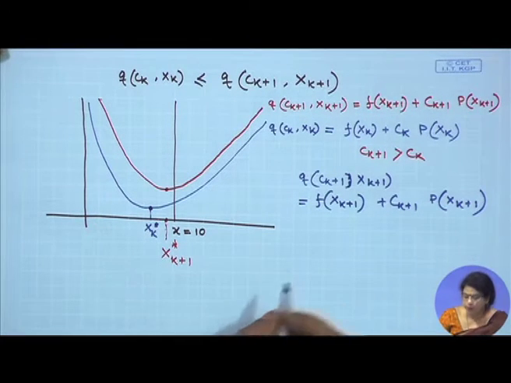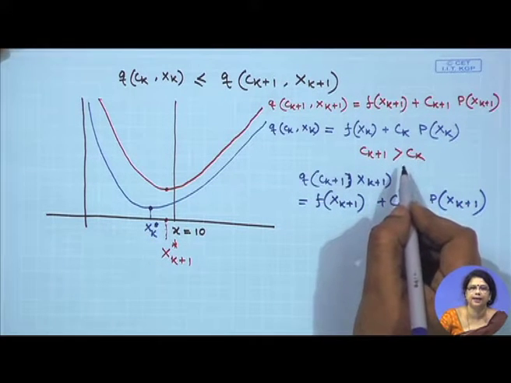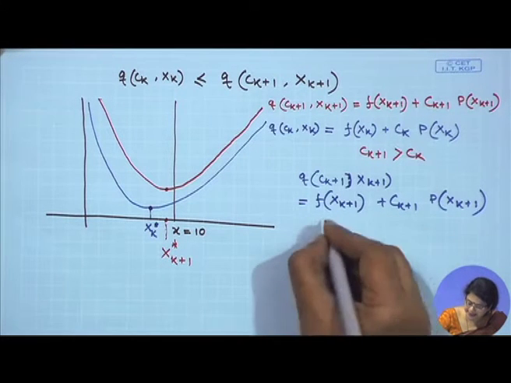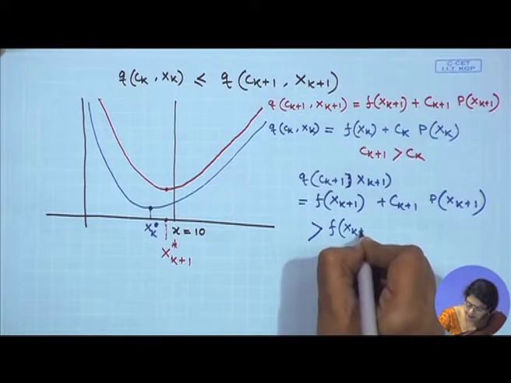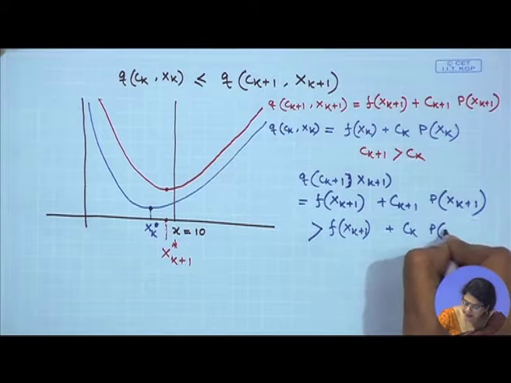Now, Ck plus 1 is a higher value than Ck, because the methodology demands that. That is why we can say this is greater than f(xk plus 1) plus Ck P(xk plus 1).